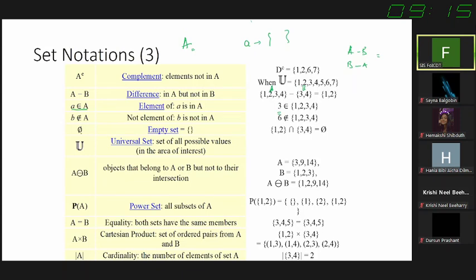This denotes not an element of A. This denotes an empty set. The empty set can also be denoted as two brackets with nothing in between. This denotes a universal set. This simply says objects that belong to A or B, but not to their intersection.